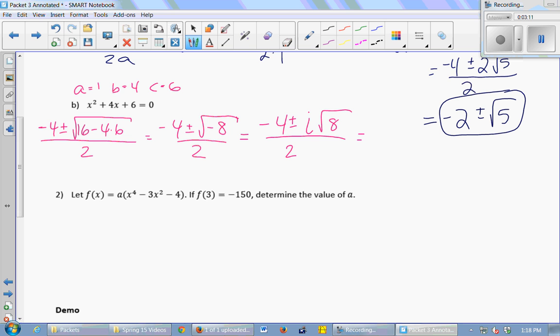So this becomes -4 plus or minus 2i root 2 all over 2. And then you can divide the 2 into both terms of the numerator. So you get -2 plus or minus i root 2.